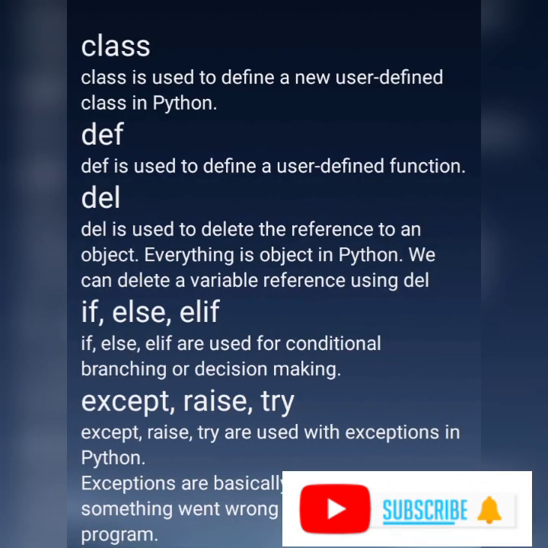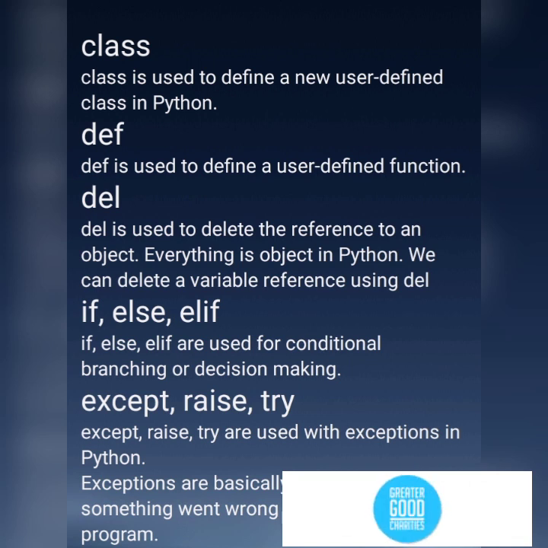And next one is class, and class is used to define a new user defined class in Python. The class keyword is used to represent real world situations, and def is used to define user defined functions, and del is used to delete an object in Python.